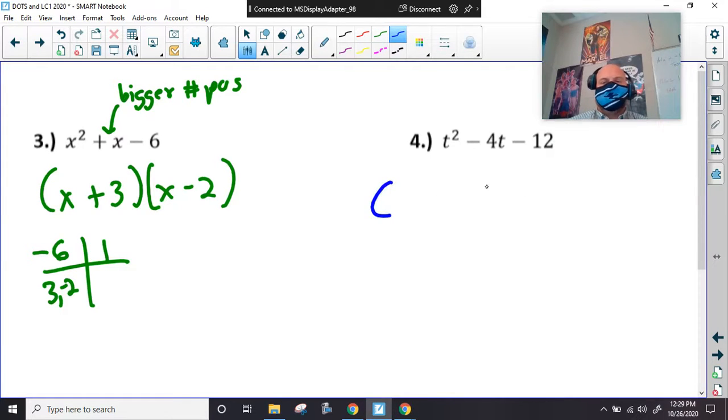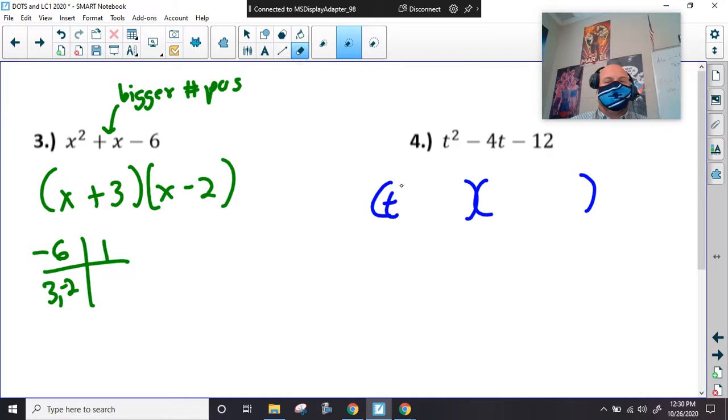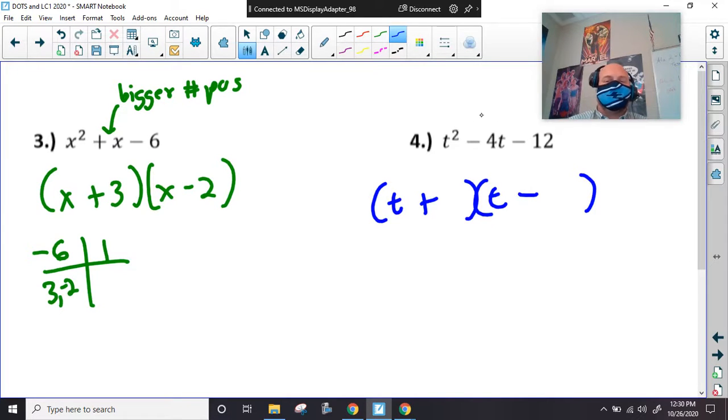Okay. Which one are we talking about? Close. All right, one's going to be positive, one's going to be negative, because this is negative.